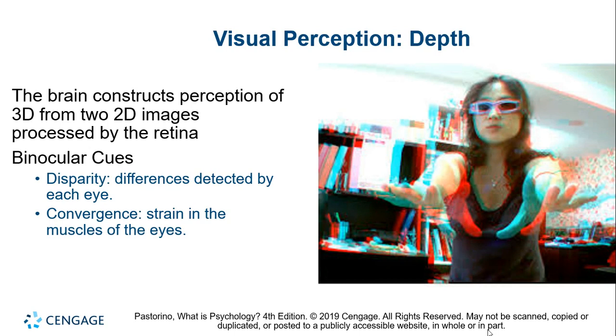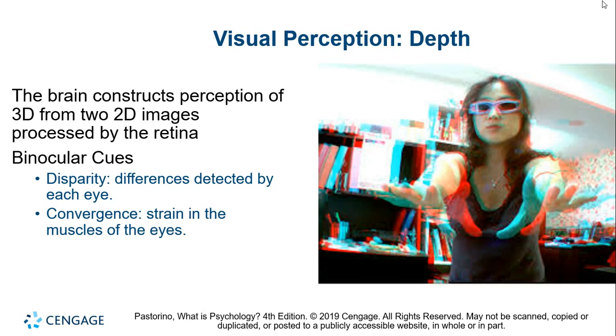And the way the trick is done is that 3 images are superimposed onto the screen, but your lenses, your 3D glasses, only allow you to see a certain amount of that. And so your left eye can only see the red and the actual image, the normal image.